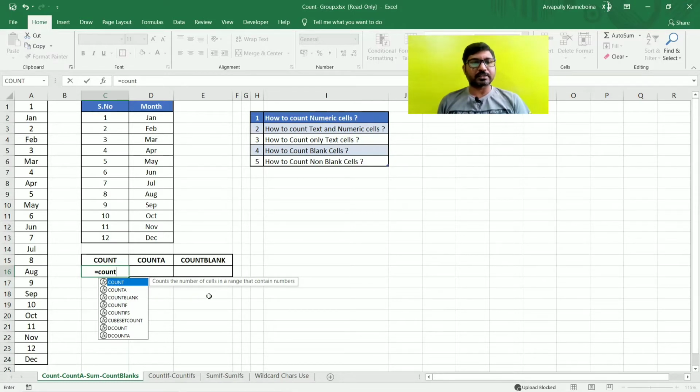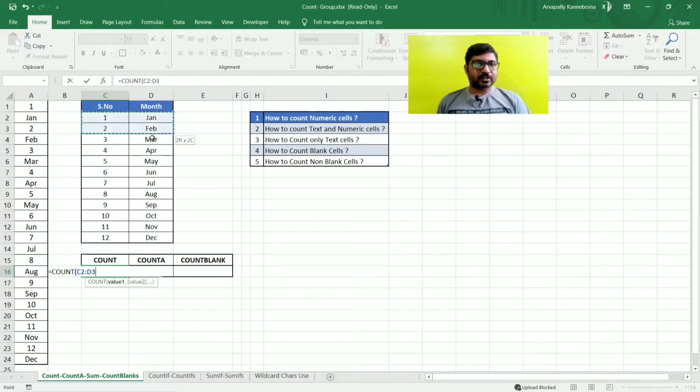Already we discussed this, right? The first input is value 1, and the second one is value 2. Value 2 is in square brackets, which means optional. If you want to select one more range, you can. Otherwise, you can select only one range. Now we select this range, then close it.